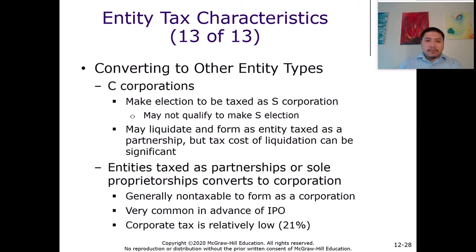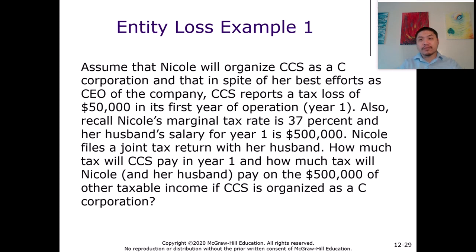All right. So that's the end of chapter 11, and let's go through a few examples together. I hope they're going to help you with exam 4 and with the homework. So let's look at the first question. Assume that Nicole will organize CCS as a C corporation, and that in spite of her best efforts as CEO of the company, CCS reports a tax loss of $50,000 in the first year of operation.